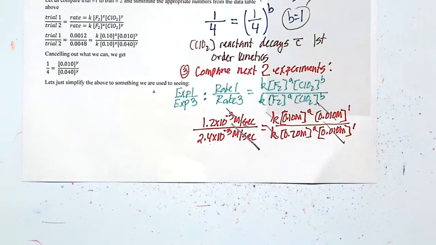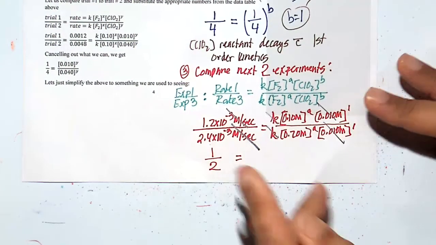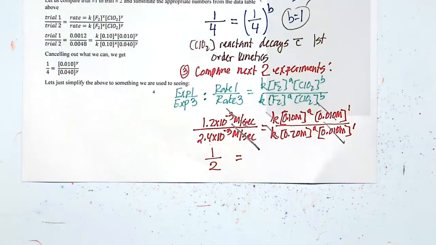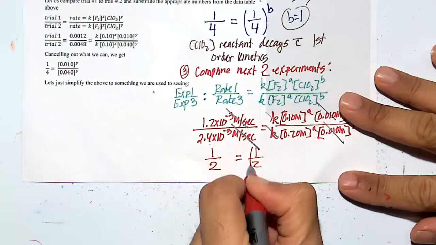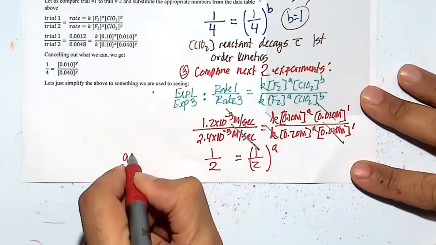That's 1/2 on our calculator. Okay, 0.1 divided by 0.2 is 1/2. Again, like before, I'm going to take those exponent A's and push them out. So that's 1/2 to the power of A. Notice I just pushed the exponent outside. So what's A here? A is also 1.